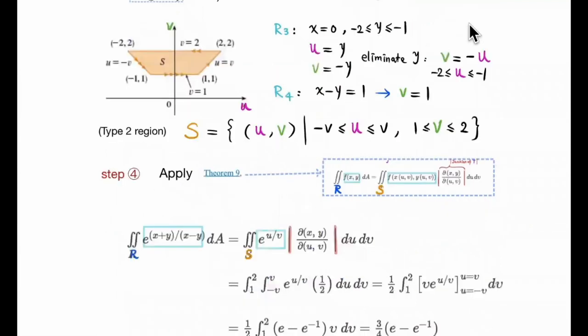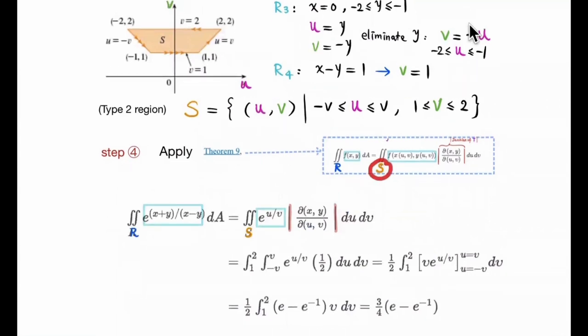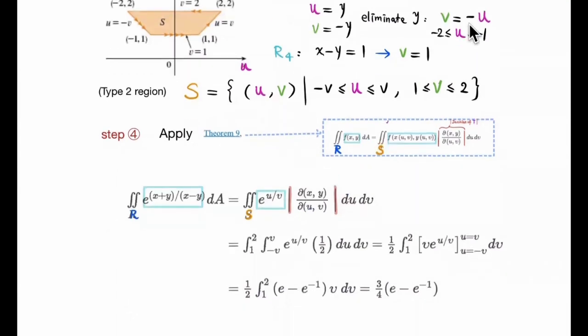Next step, we're going to apply the theorem. So we got S, and we got the Jacobian. Now we're going to apply the theorem. So the function we integrate is this function. We're going to express this in terms of u and v.